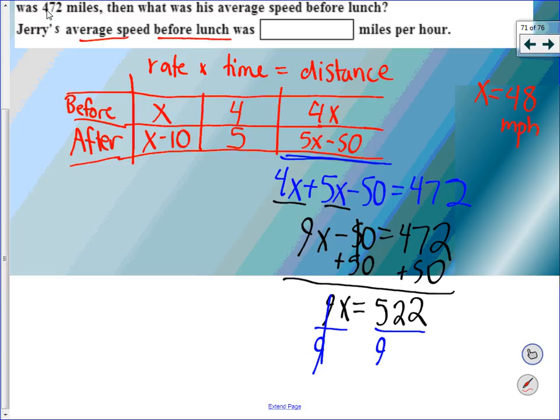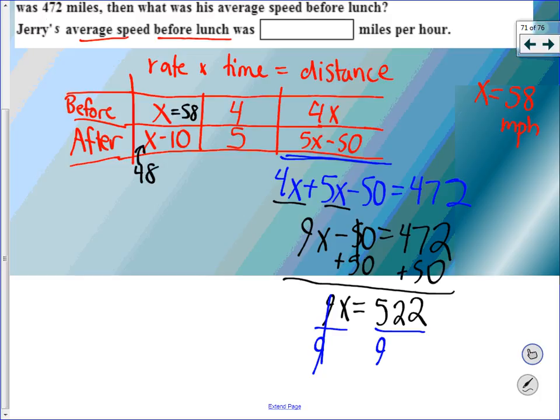That'd be before. And so, the speed before lunch is x. So this is 58. This would be 48.